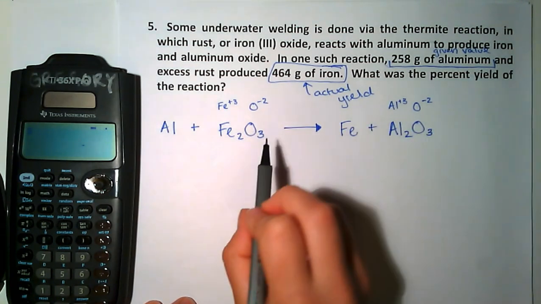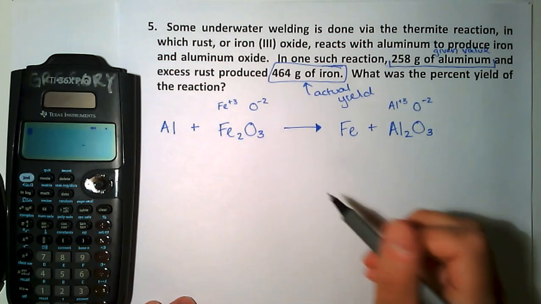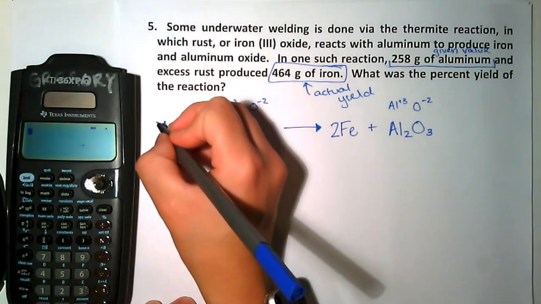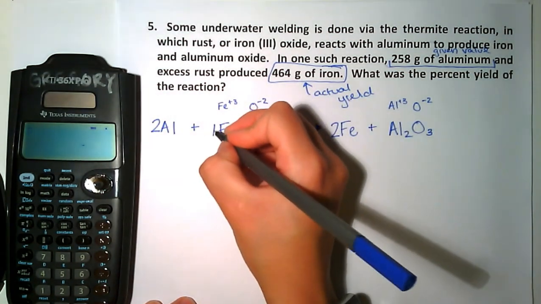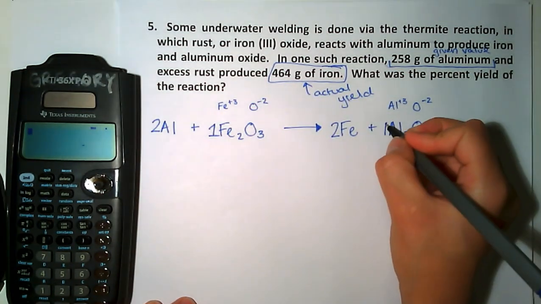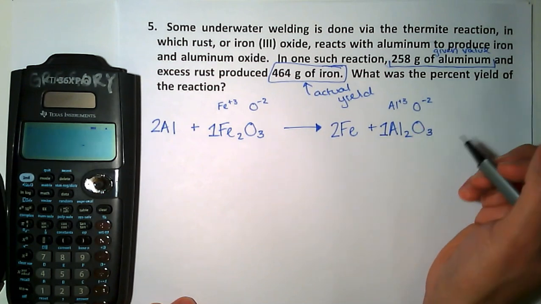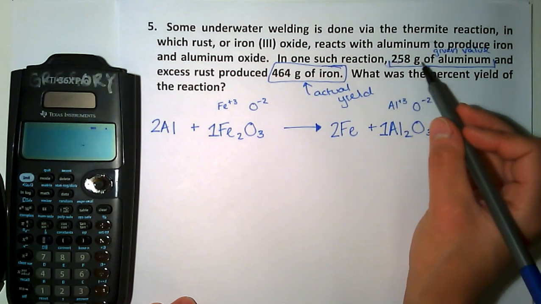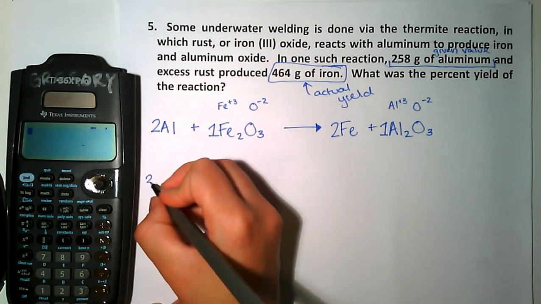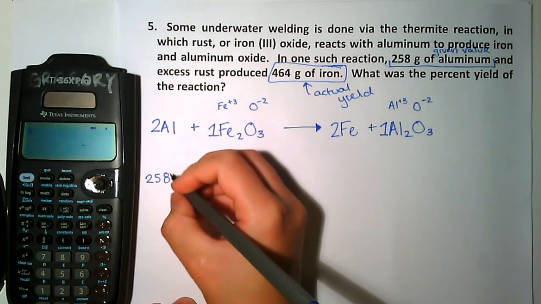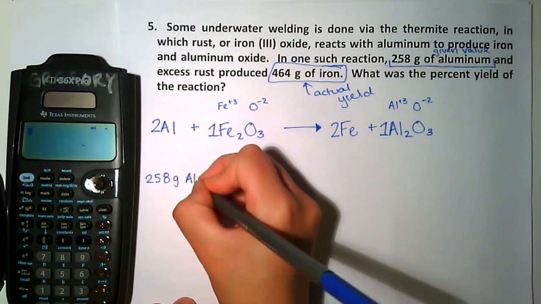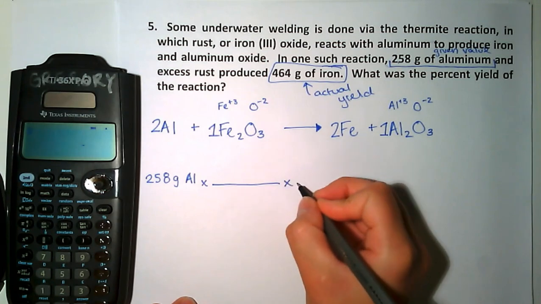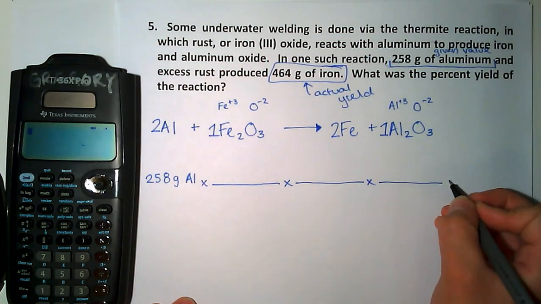So now we need to balance our equation. We have 3 oxygens, that worked out nicely. So we have 2 irons, we need to put a 2 here, 2 aluminum, so we need to put a 2 over here. And the rest I'll fill in with 1, so we know our equation is balanced. Now let's do some stoichiometry. We have 258 grams of aluminum to start with. And then we're doing a gram to gram conversion, so that's going to need 1, 2, 3 conversion factors.